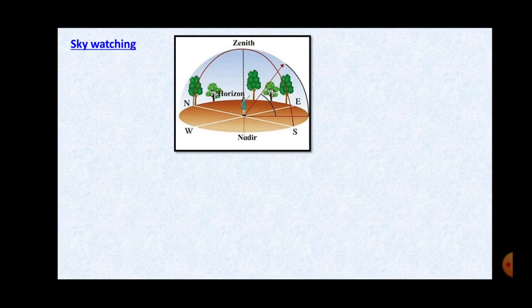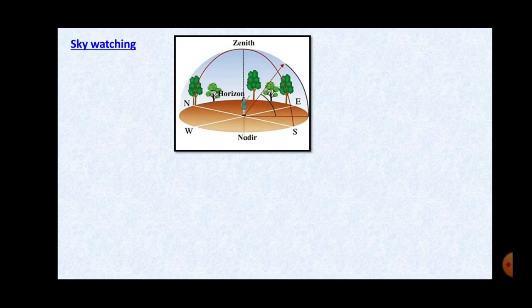Now, we can understand the exact location of the zenith, the nadir or the horizon with the help of this picture. If we look at the sky, at some place we feel that the sky is touching the ground, right?